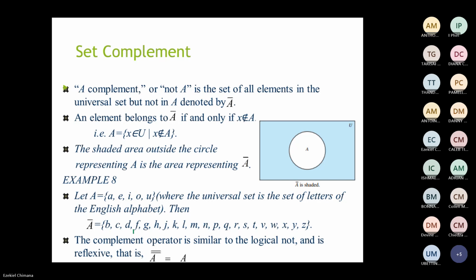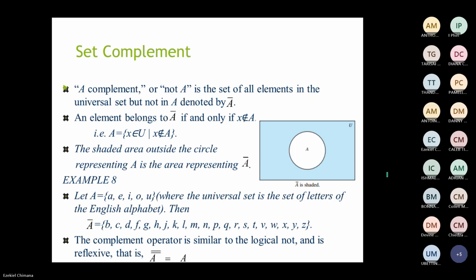Example 8: let A be {a, e, i, o, u}, where the universal set is the set of letters of the English alphabet. Then the complement of A is {b, c, d, ..., z}. The complement operator is similar to the logical NOT and is involutive.